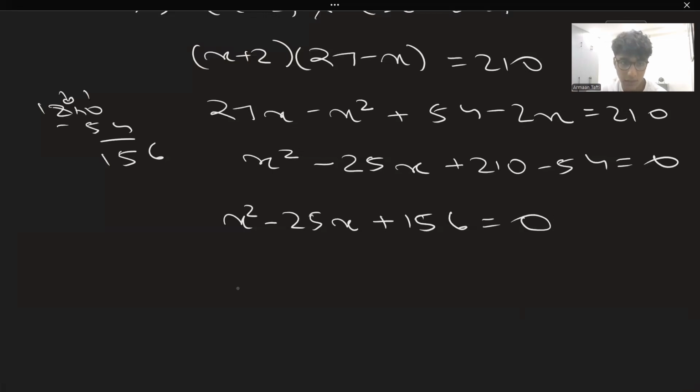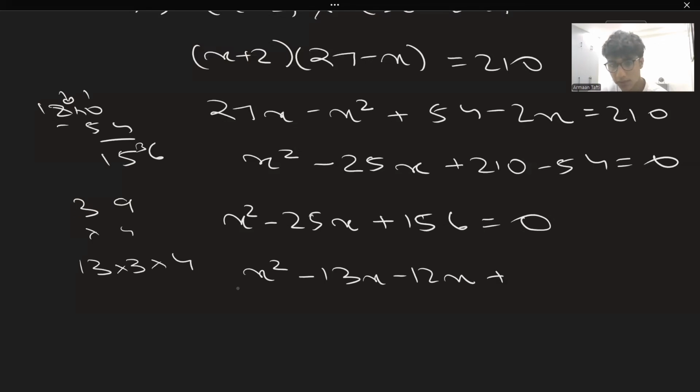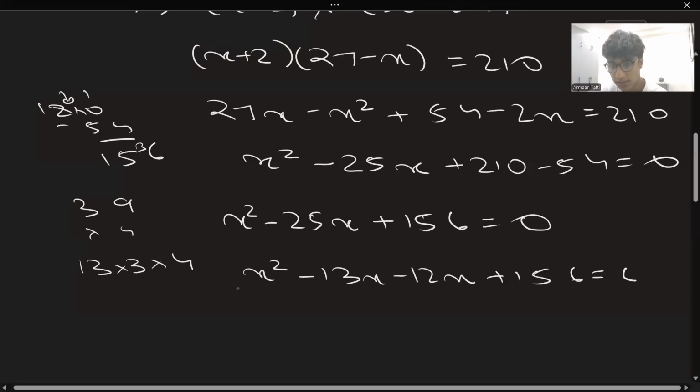So I see 156. I'll first quickly think of what two basic numbers multiply up to 156. If I divide this by 4, because it's divisible by 4, 4 threes are 12, 3 nines are 27, it's 39 into 4. Now 39 is 13 into 3 into 4. How do I get 25 with this? 13 and 12. These are our two pairs. So it's x squared minus 13x minus 12x plus 156 is equal to 0.